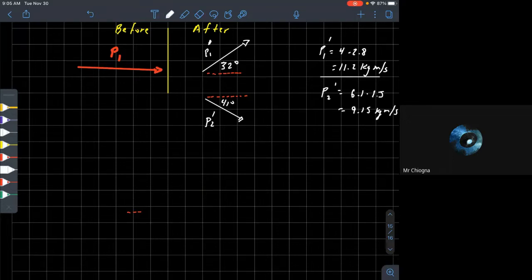32 degrees is actually lesser of an angle than I drew it. That's more like 32 degrees. And I'm going to put in numbers. That's my P1 prime, and I'm going to replace it with a number. So that's 11.2.